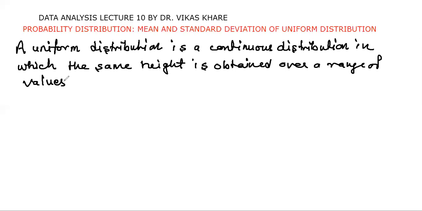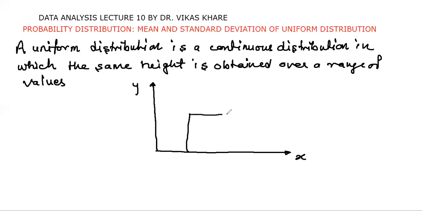One example of uniform distribution: if we consider one axis as the y-axis and another as the x-axis, and a function created by a and b, then the entire distribution from point a to point b has a constant height.